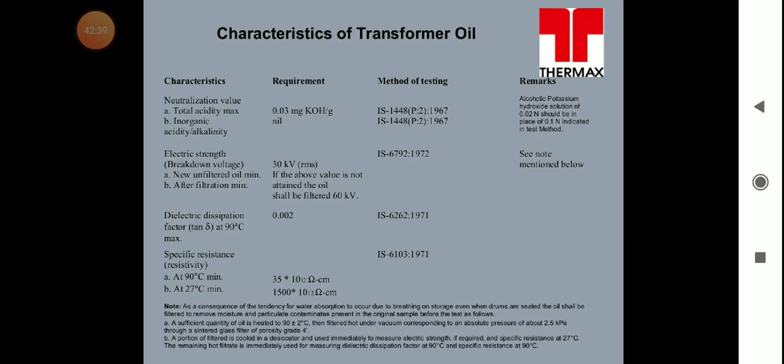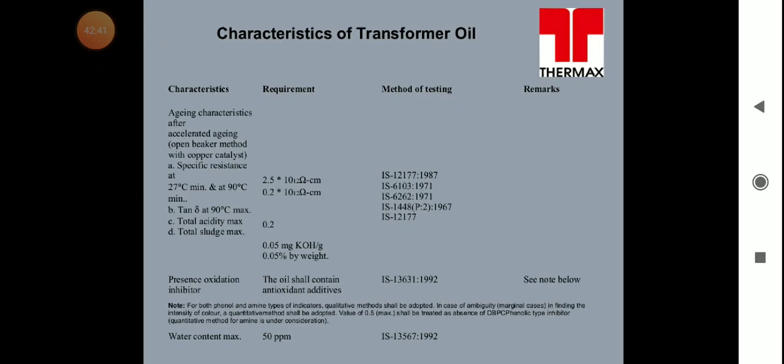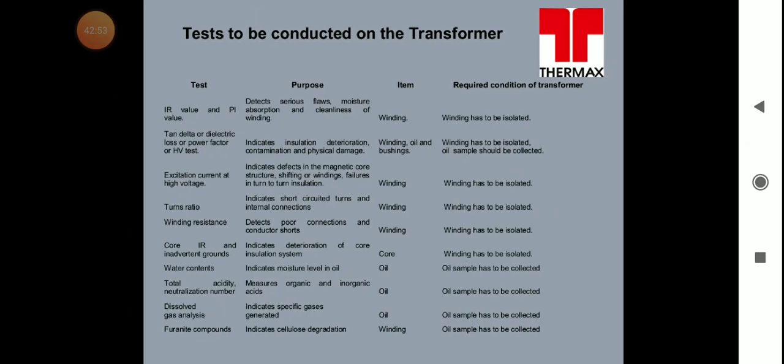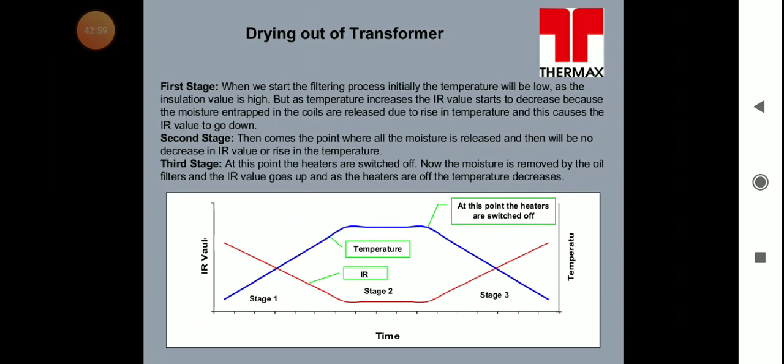Like this we have some characteristics you can see. These are the practical transformer standard specifications. Different oil brands are given. So what are the different tests we need to perform on the transformer?